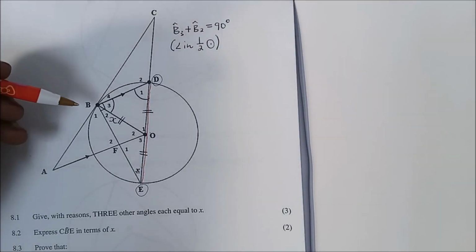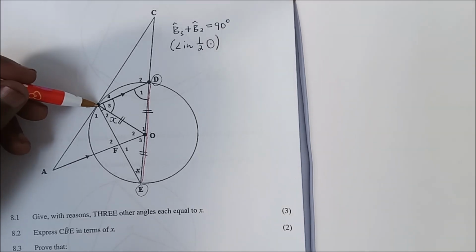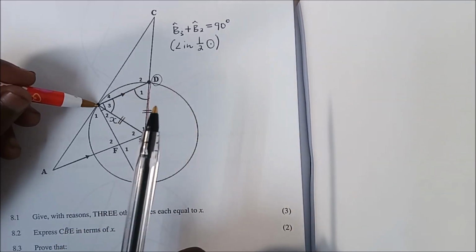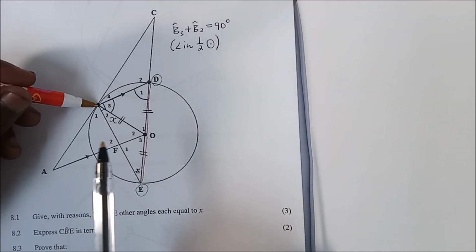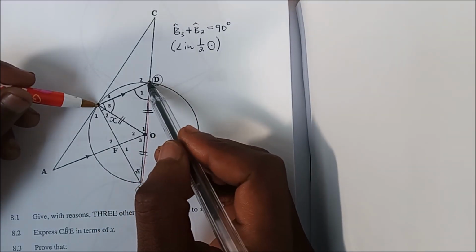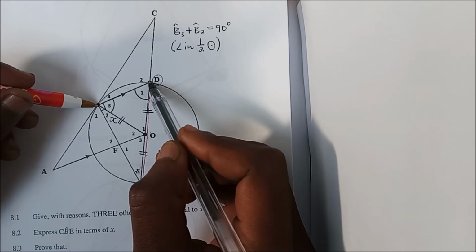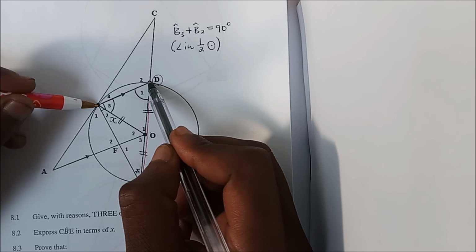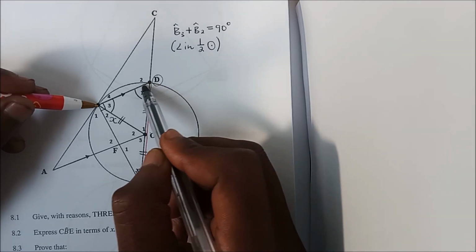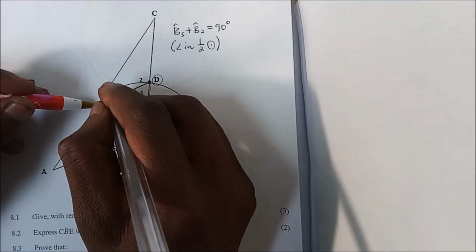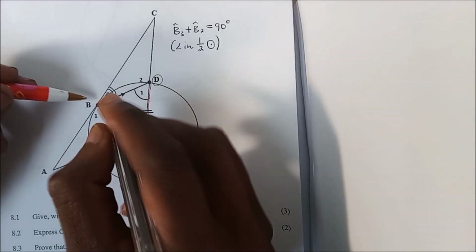We can see that it touches the circle at B. So that's where we'll put our first pen. And then where will we put our second pen? We will put our second pen in such a way that we form a chord. We can put it here, and notice that if you put it here, you have a chord. And then what is the angle between this chord and the tangent? Obviously, that angle has to be B4.